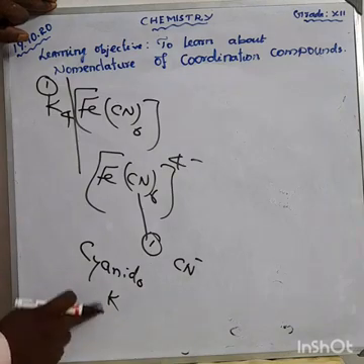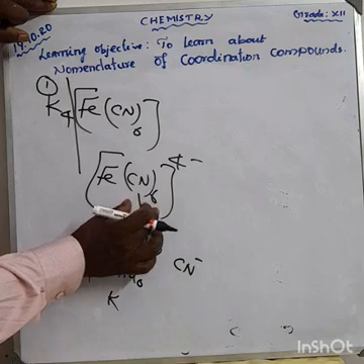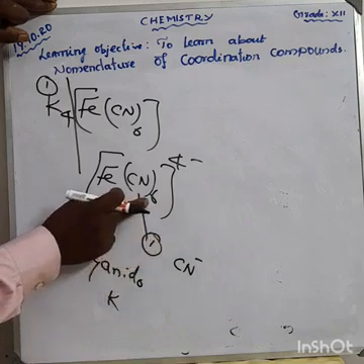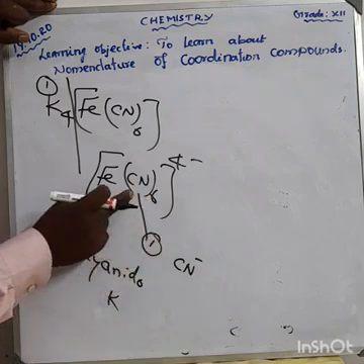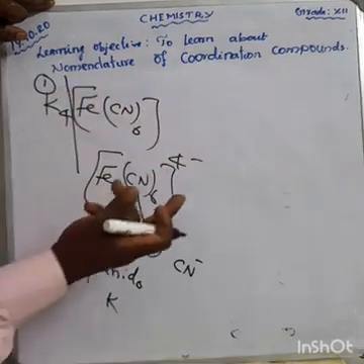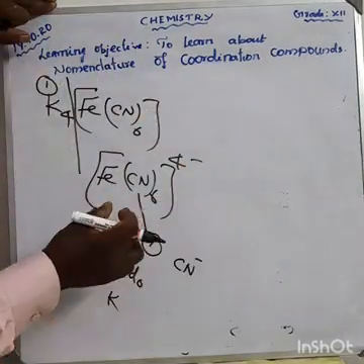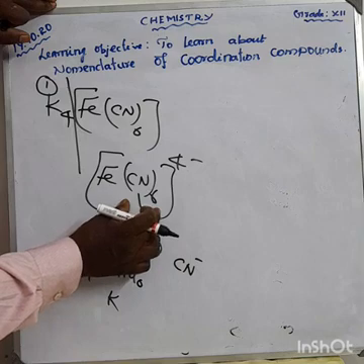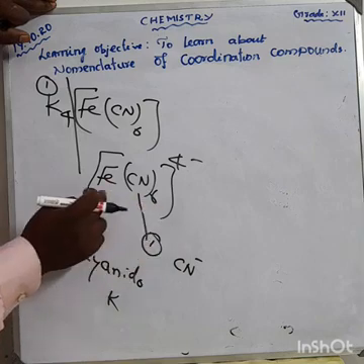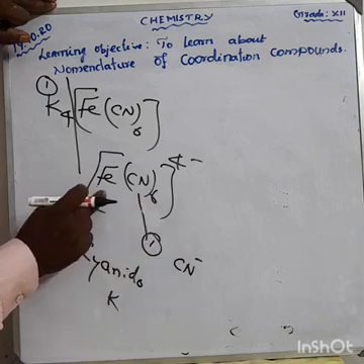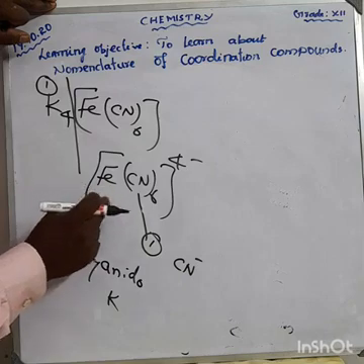Here you should say the name. How many cyanido ligands are there? Six, so we use hexacyano. Next goes to the Fe metal.